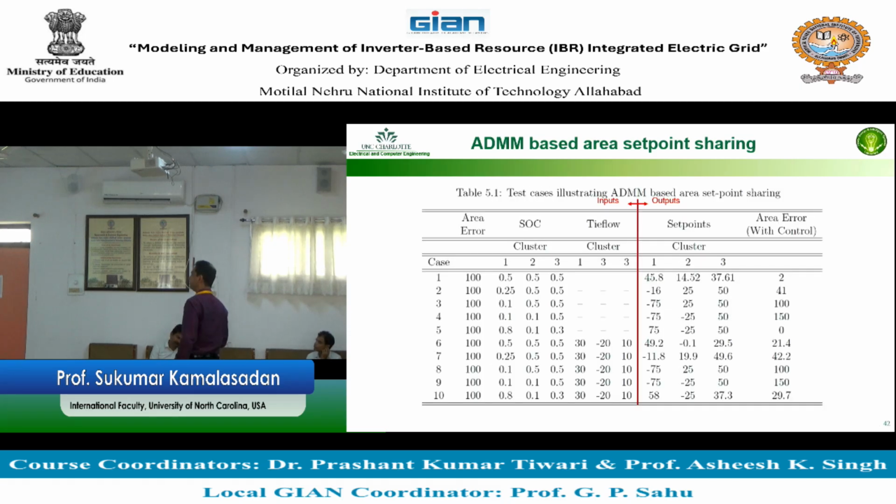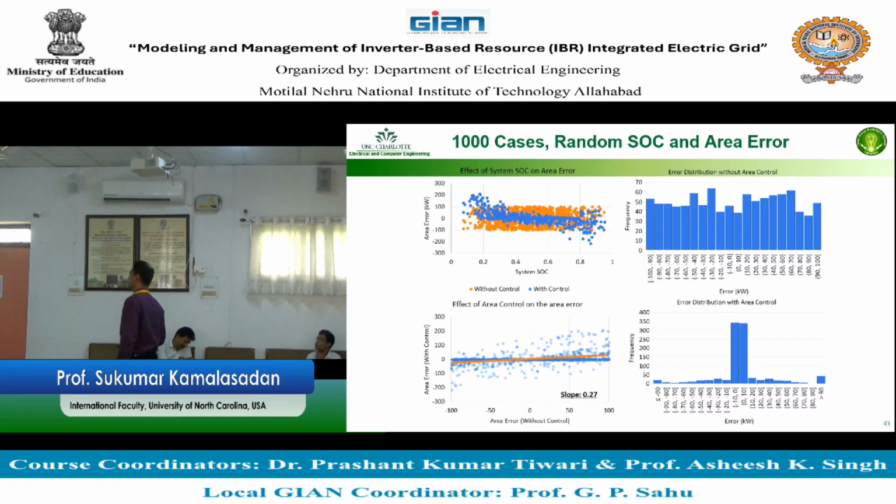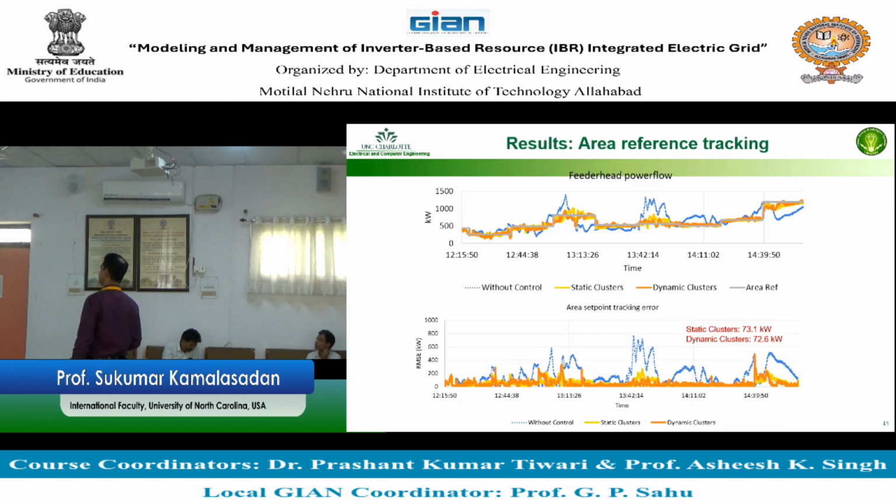So if you have a set point like that, how do you distribute it? Here is an example, where we can see a set point coming. We call it the area reference. Every time it's 12 o'clock in the afternoon, then 15 minutes later, 1 o'clock. So this is a set point.